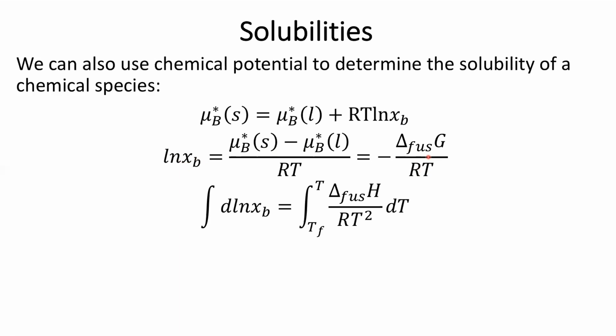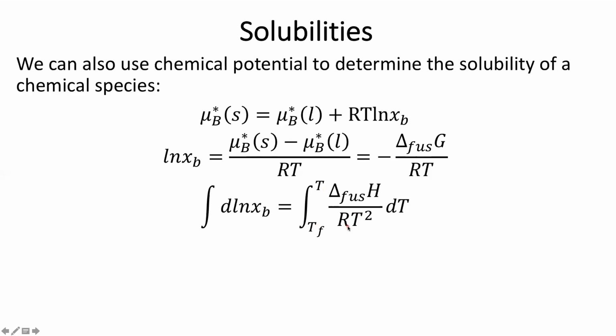And using that assumption, I can make a very similar approximation and use the Gibbs-Helmholtz approximation to give me the change in enthalpy of fusion over RT squared. And again, you'll notice that this is going to look very similar to my boiling point elevation, with essentially just slightly different constraints.